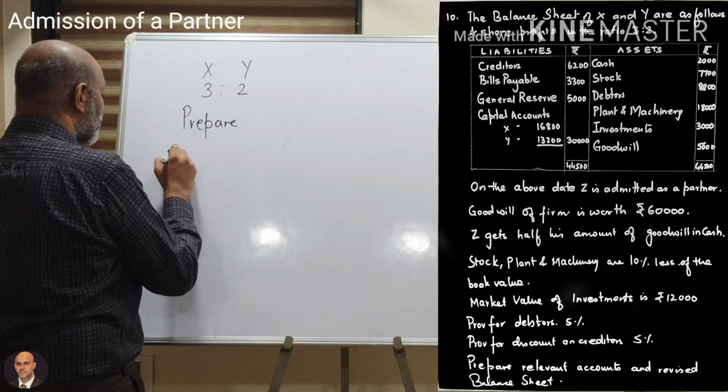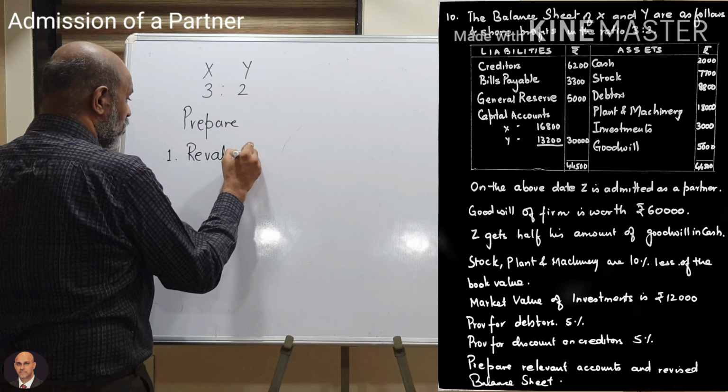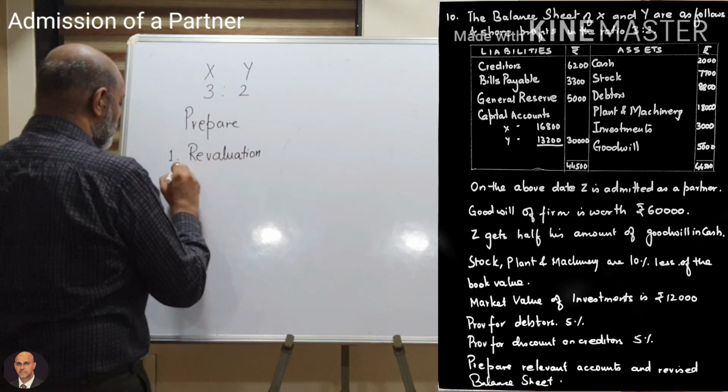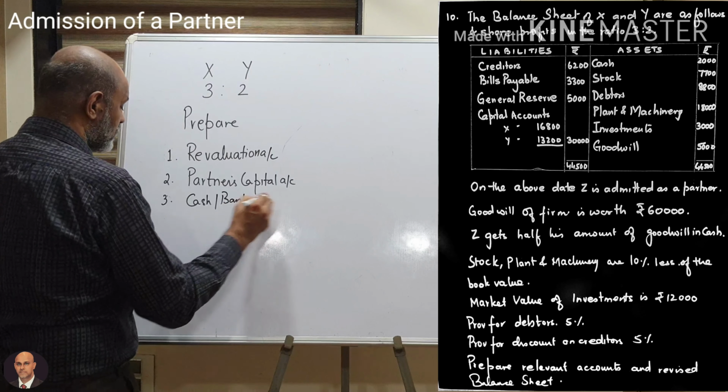Number one, a revaluation account. Number two, you're going to prepare the partner's capital account. Third, you will prepare the cash account, cash bank account, whichever is there, or a combination.